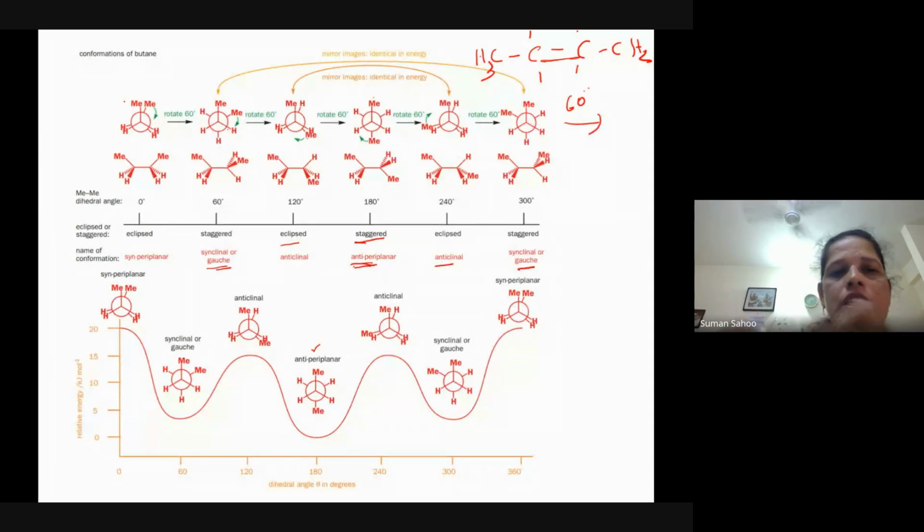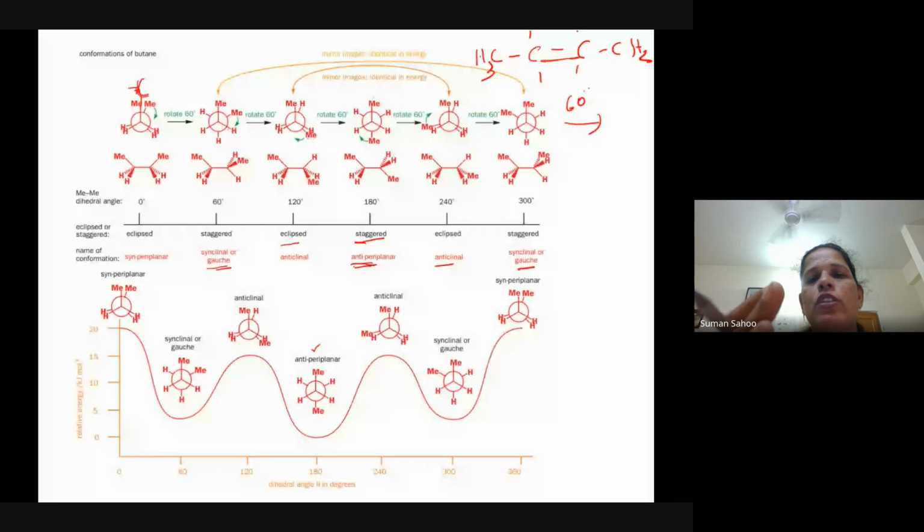At 0 degrees, in the eclipsed interaction, there would be more interaction between the methyl groups. So that would have more steric hindrance and higher energy as compared to the staggered interaction. In the staggered interaction, the methyl groups or bulkier groups are anti to each other, so that gives a more stable conformation.